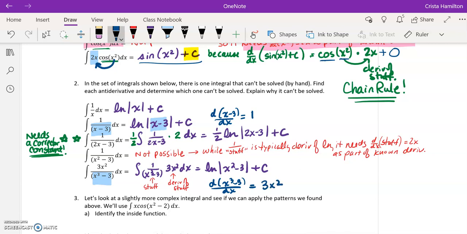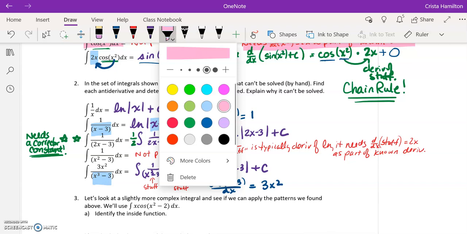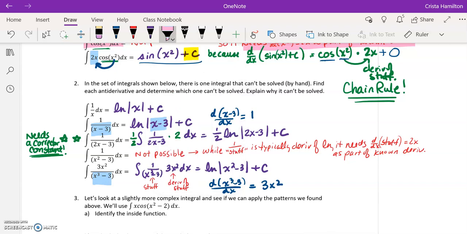So notice I rewrote this so that the format is 1 over the stuff, and then right here is the derivative of the stuff. I was making sure that I had all of the parts needed for the known derivative of a chain rule problem. And then I can pretty much pack the derivative of the stuff away and look at it in terms of just the natural log of the stuff plus the c, of course.